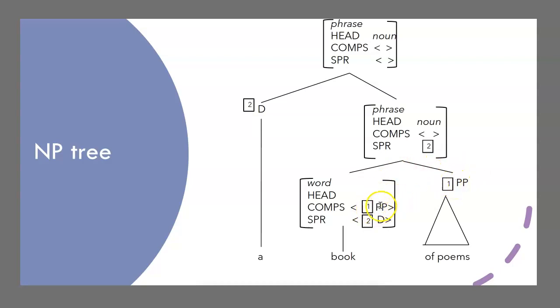That's what happens here. The PP has to be a complement. We haven't detailed the PP; we can do it later. But what we need to understand now is that the word book as a head daughter combines with a PP complement, which is identical. So whatever PP the book requires has to be there here.